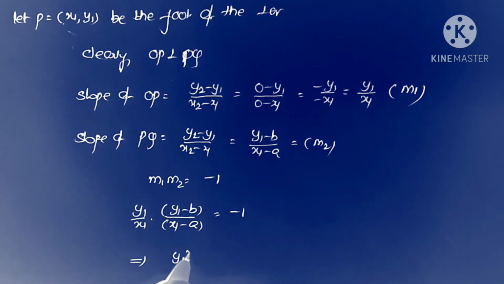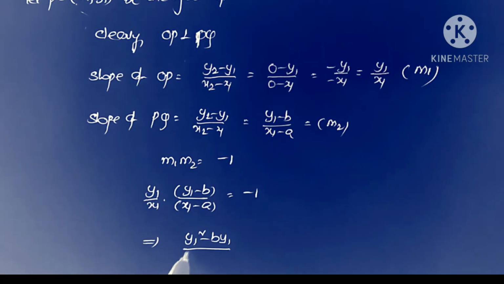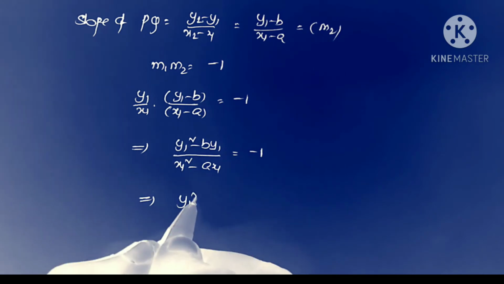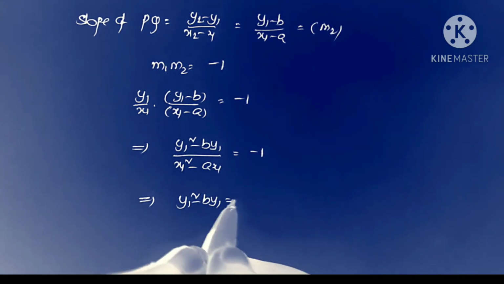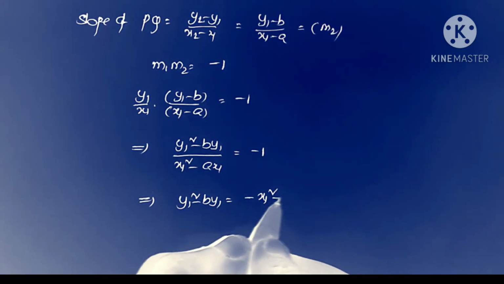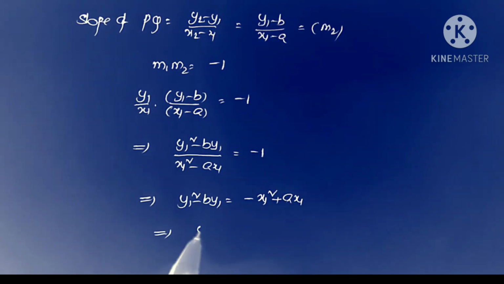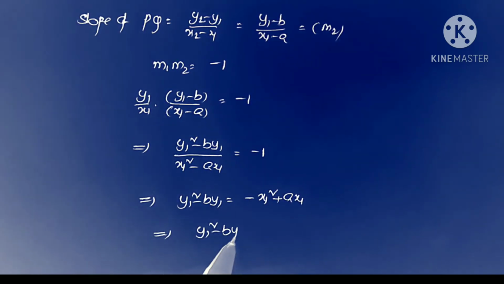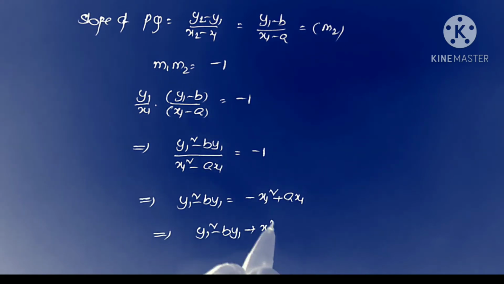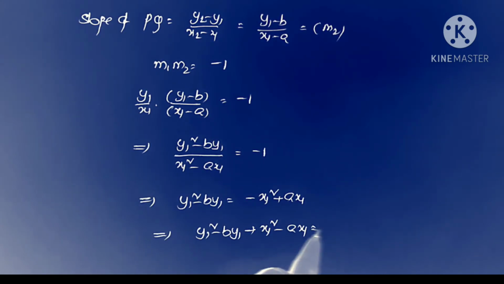That is (y1 square minus b y1) by (x1 square minus a x1) equals -1. Cross multiplying, y1 square minus b y1 is equal to minus x1 square plus a x1. That is y1 square minus b y1 plus x1 square minus a x1 equal to 0.